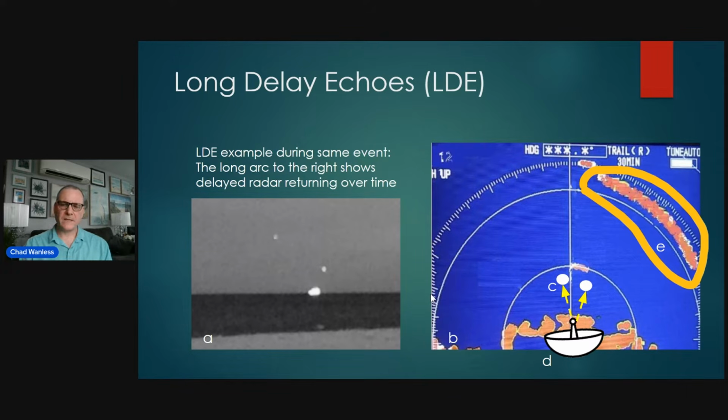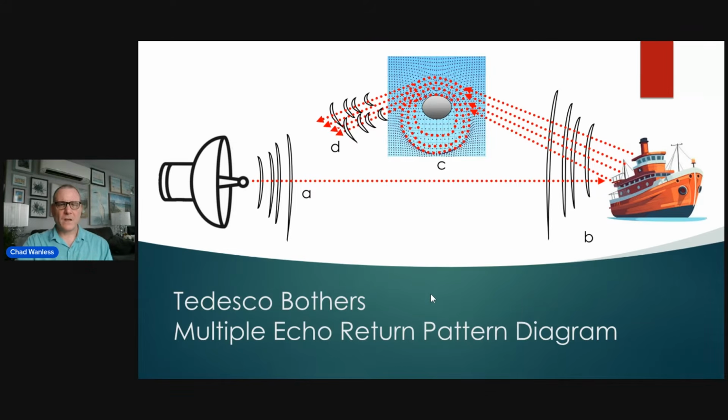So it's receiving its own signal back multiple times along E, path E, and C at the bottom center is where the UAPs were located in this photo. So we're not exactly sure why it was receiving the same signal back multiple times. One possibility is that the echo returns were somehow orbiting or being caught up in the UAP's spatial warp and then returning to the radar.